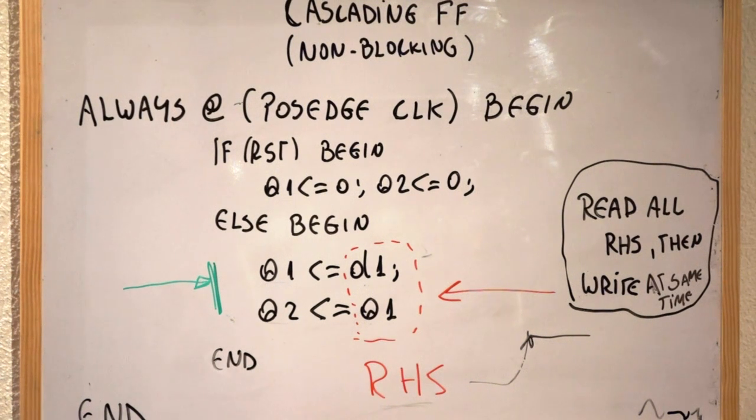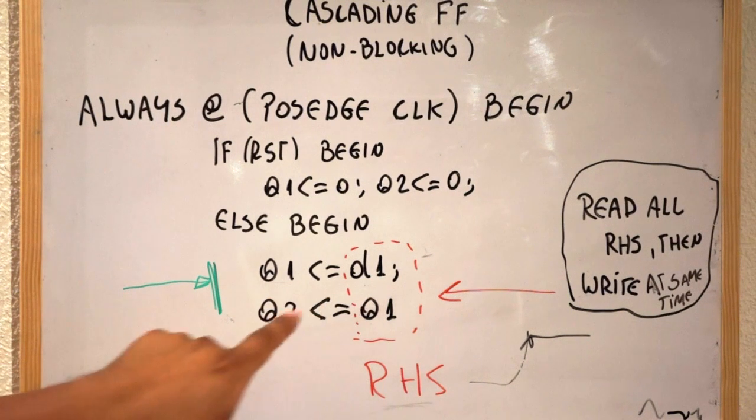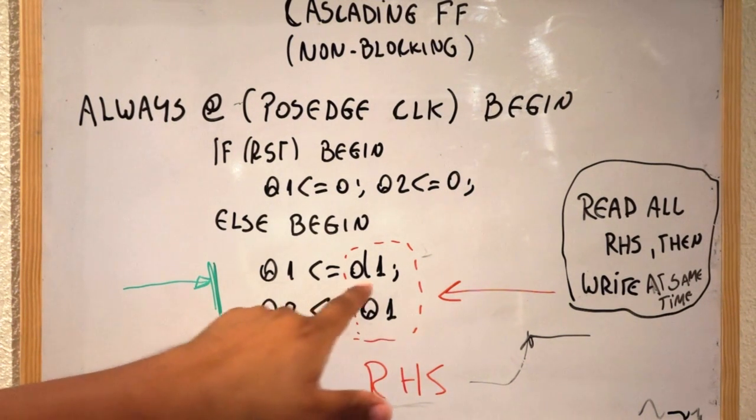You guys need to pay a lot of attention to this, because this is a major source of bugs. If you are used to a normal sequential language like C++, Python, MATLAB, whatever, you're going to think that Q1 will receive D1 and Q2 will receive D1 as well, because Q1 got D1.